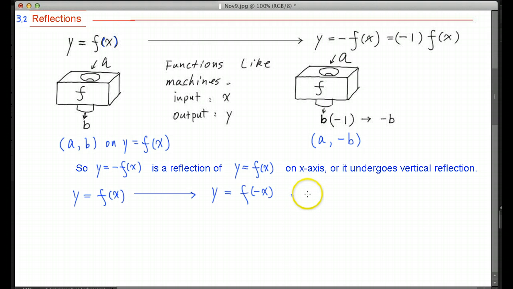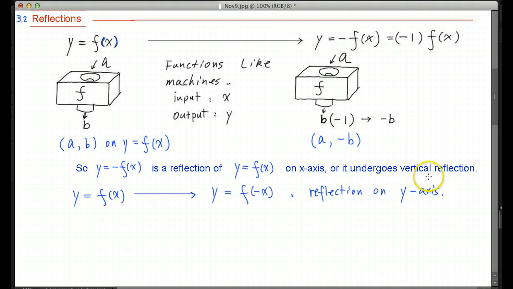It's easy to remember the rule. If you put the negative on the x, we should have a reflection on the y-axis. It's going to undergo a horizontal reflection.